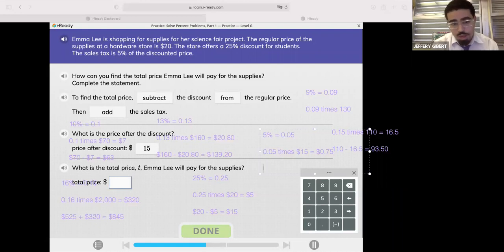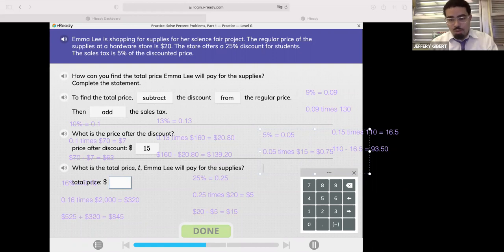Do you know why you add? Well, you add because tax means you pay more. So whenever you pay more, that means you're adding on to your price.